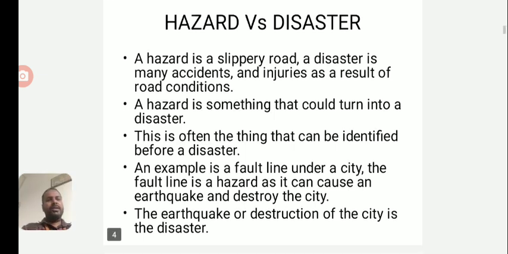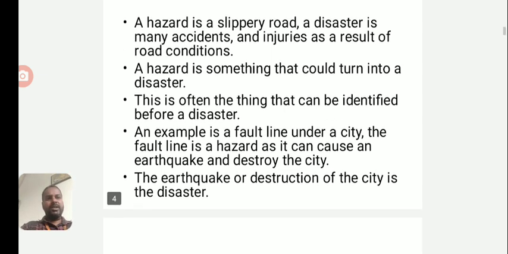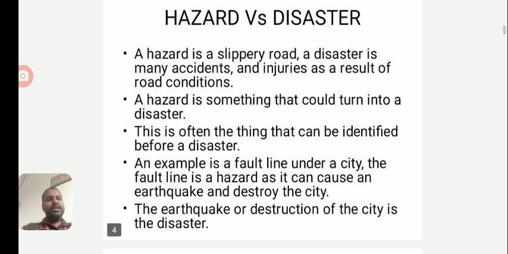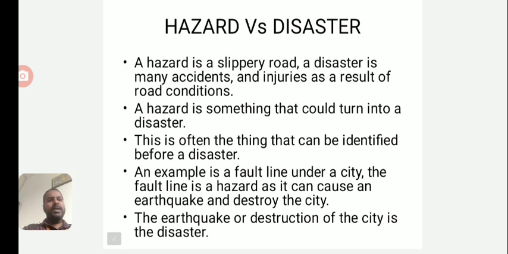For example, a man going on a path can slip. That is a hazard. He can be injured a little bit or something damaged. But disaster means many accidents that cause injuries as a result of road conditions due to any natural or man-made cause.